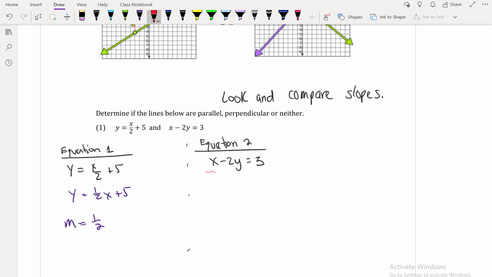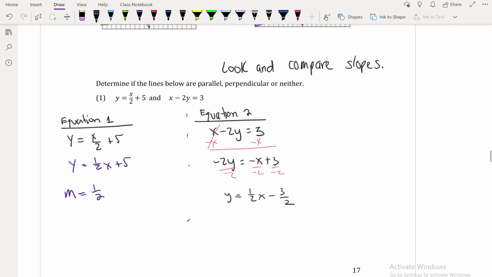I have to subtract x from both sides, so that negative 2y is equal to negative x plus 3. Divide everything by negative 2, so that y is equal to a positive 1/2 x minus 3/2. Here, the only thing I'm looking at is the slope.